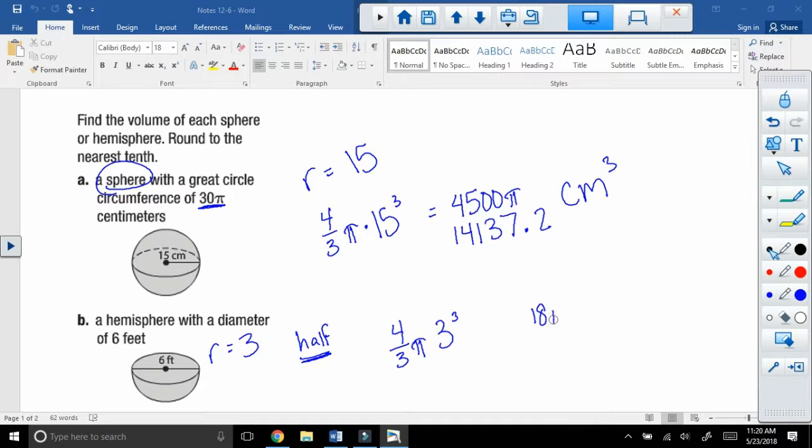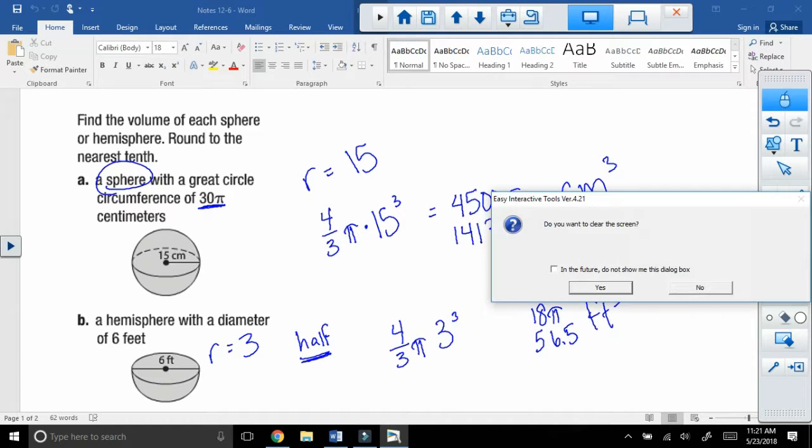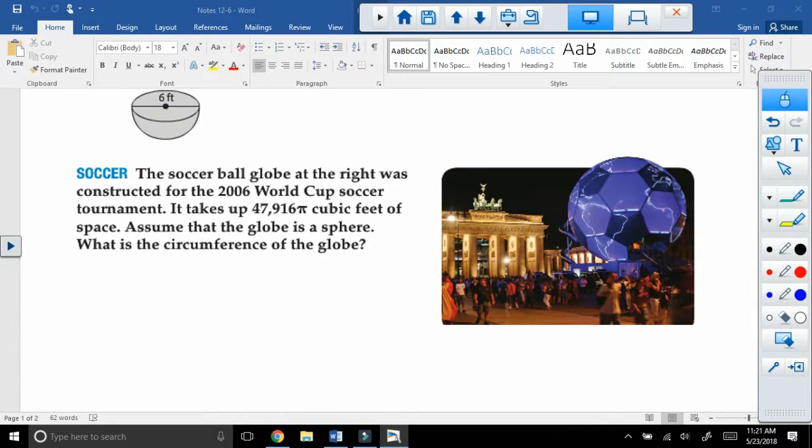So you get either 18 pi or 56.5, and this is going to be cubic feet. Questions on those? Okay, just make sure you're typing into your calculator and you're getting the same thing I am.